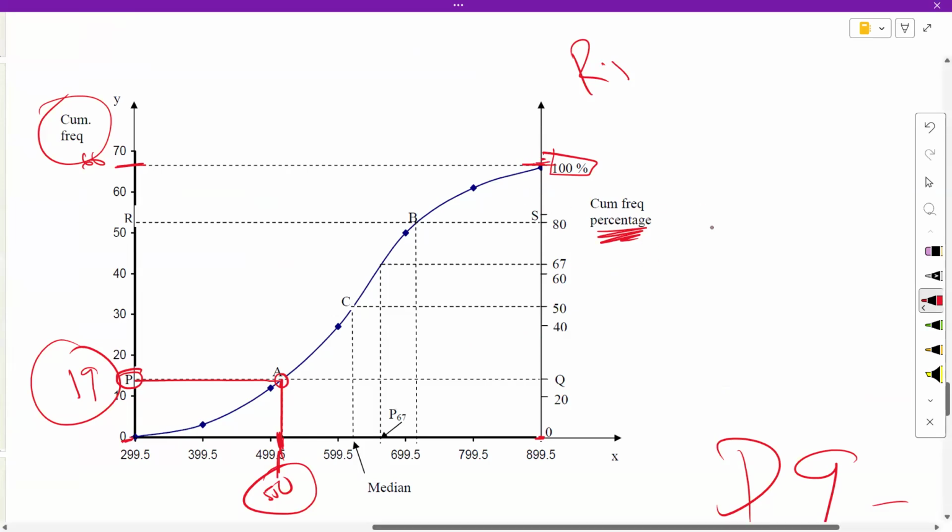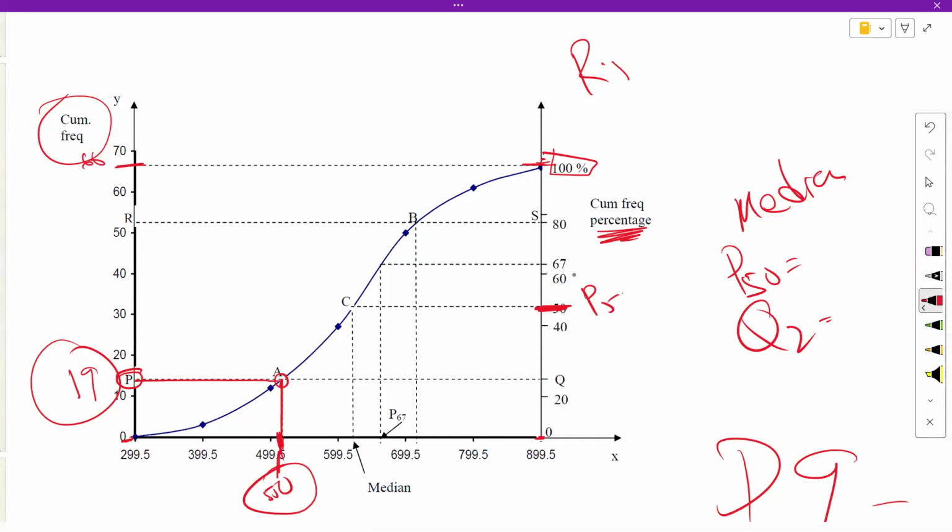If you want to find the percentile, or if you want to find the median, the mid value, P50 or Q2 is the median. Simply, if we select P50, we convert into 100. So each point represents one percentile.